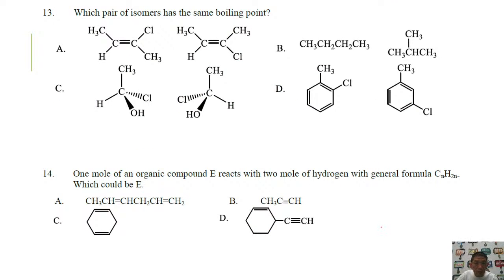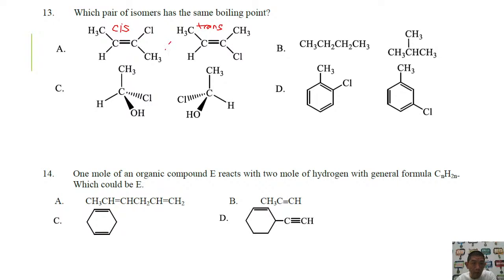Okay, number 13. Which pair has the same boiling point? So how to identify whether they have the same melting point, boiling point? In a geometrical isomer, cis-trans, you do not have the same physical properties due to the arrangement in the plane. So therefore, they are going to have different physical properties, hence different melting point, boiling point.